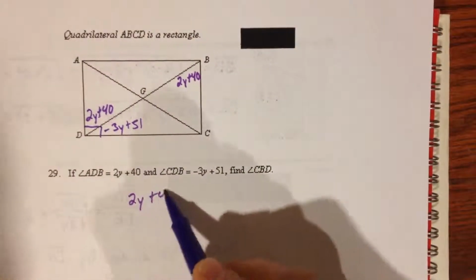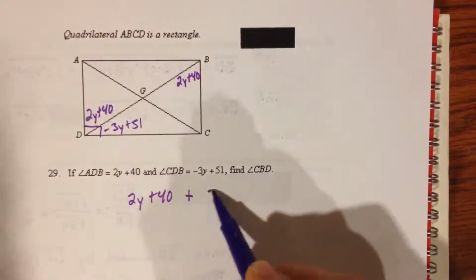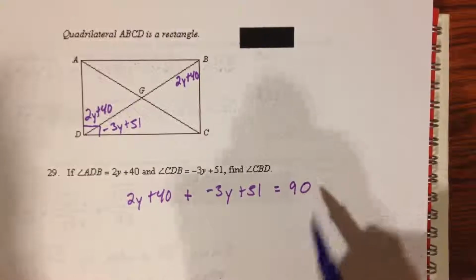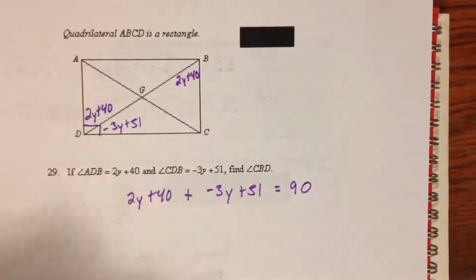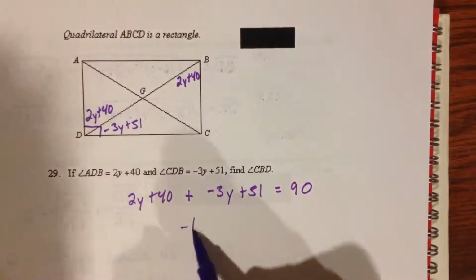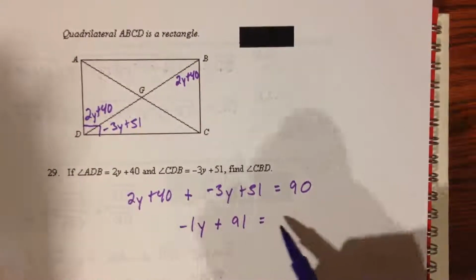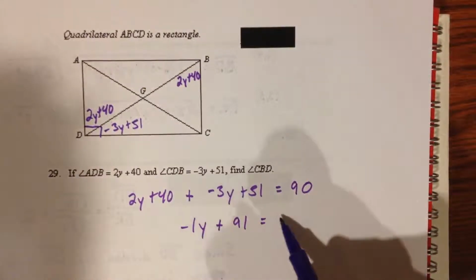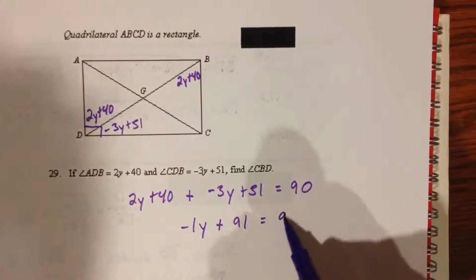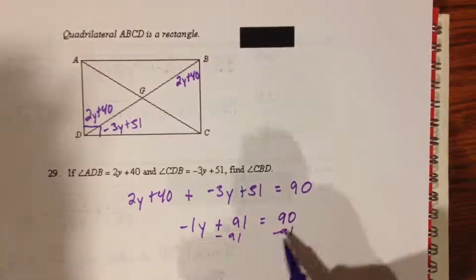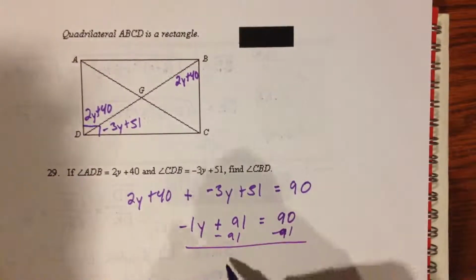So here we go. 2y plus 40 plus the negative 3y plus 51 is going to be 90. Put those two together, you get negative 1y plus 91 equals 90. Subtract 91.